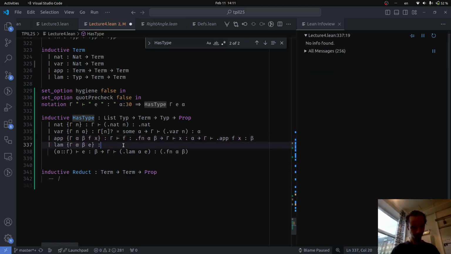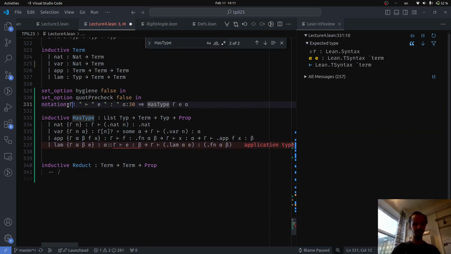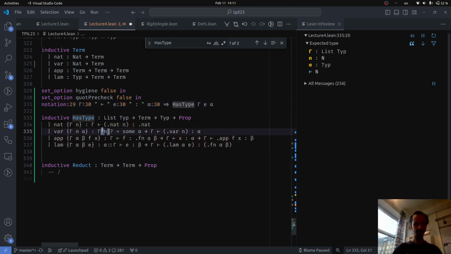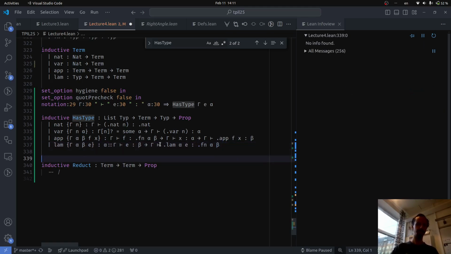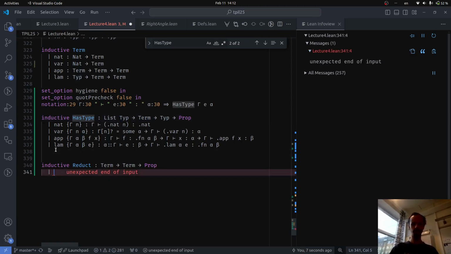Okay, so that's a very quickly done definition of typing for the simply typed lambda calculus. So how do we do reduction? We are presumably going to want it to be reduction on well-typed terms, but I think we can do it on untyped terms.